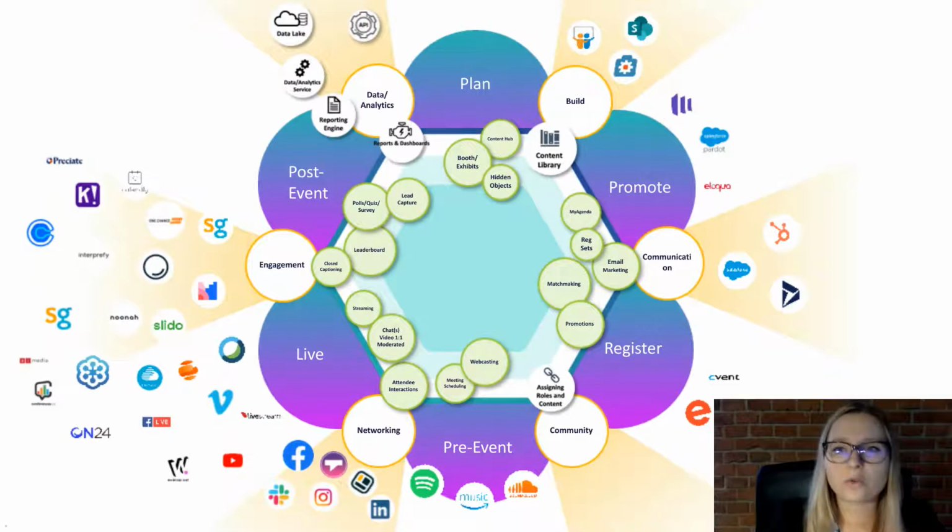And also, no matter which event process you are working through, you can always enhance and extend the scope of your events. So this is where it's good to remember that the technology you're working on, the solution that you're working with, should have the opportunity to integrate with your other solutions.